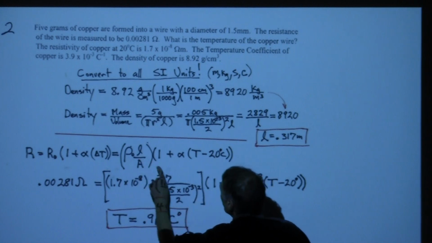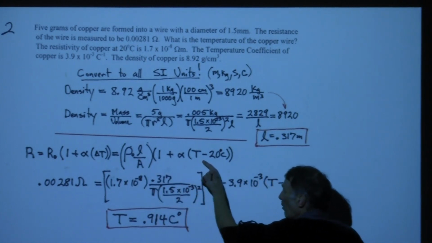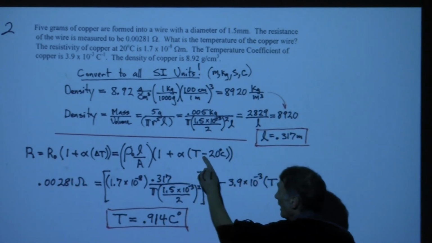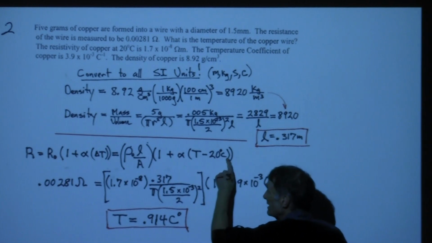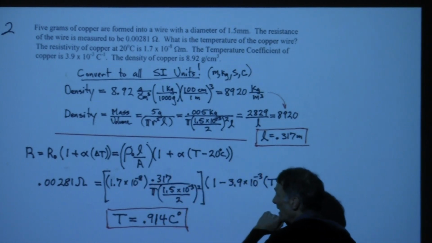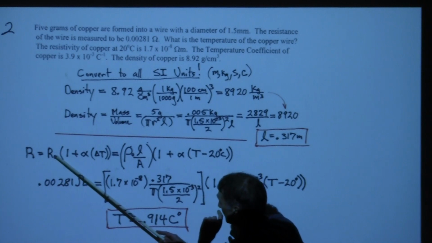We have the length of it. We have the alpha. The resistance is referenced to 20 degrees Celsius. That's near room temperature, so it's just a real practical way of defining these things, and R0 would be the resistance at room temperature.